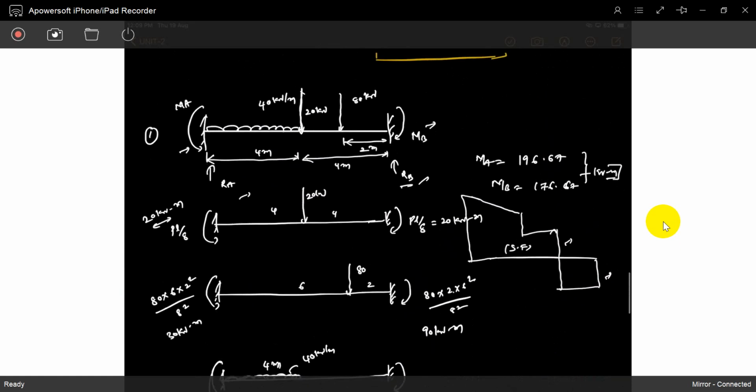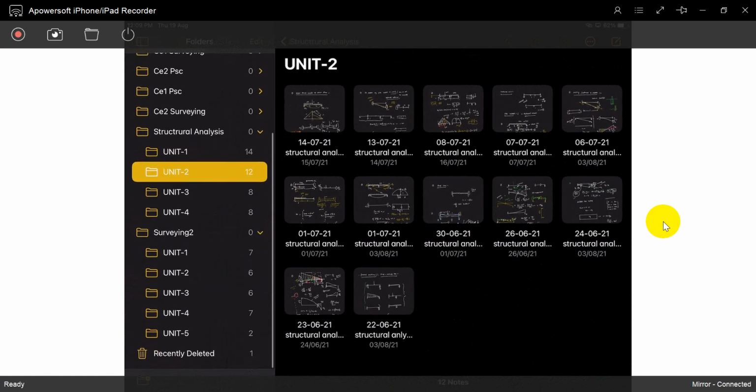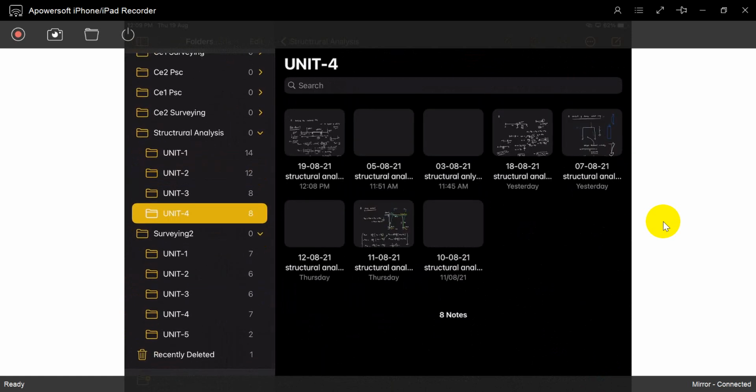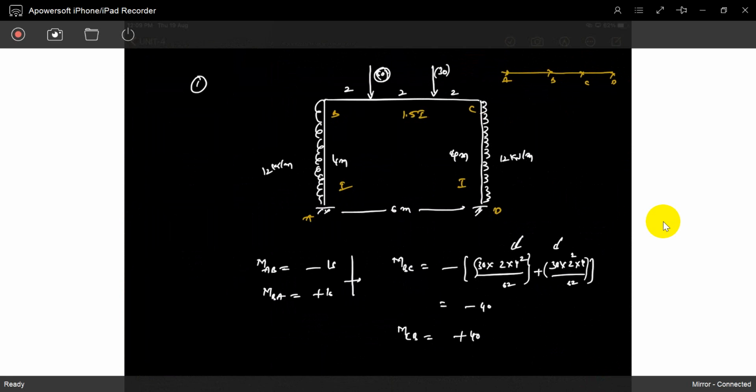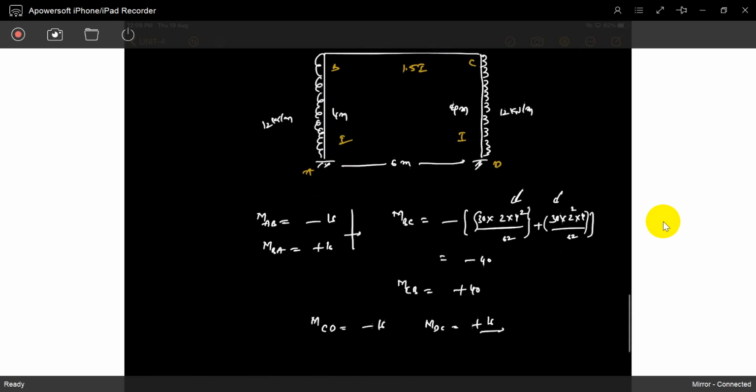For uniformly distributed load, everything we divide it, because the principle of superposition is valid. So now MCD will again be minus 16, MDC again plus 16. That's it.